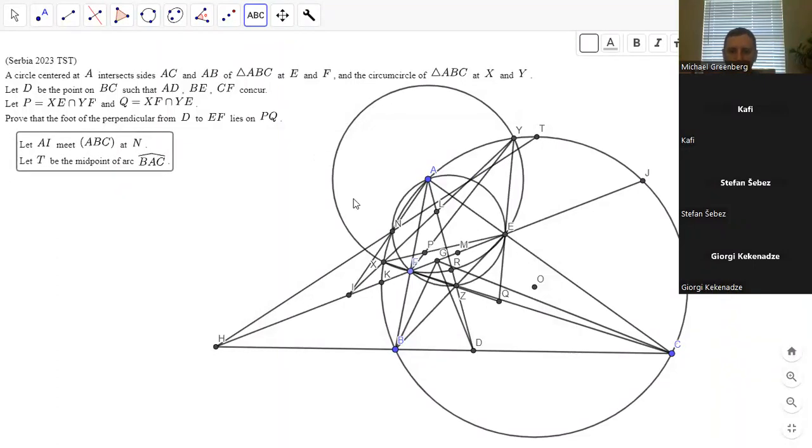Okay, so first we will show that ANFE is cyclic, and that should be true by power of a point because IN times IA... actually, why is that true? Yeah, IN times IA equals IE times IF equals IX times IY.